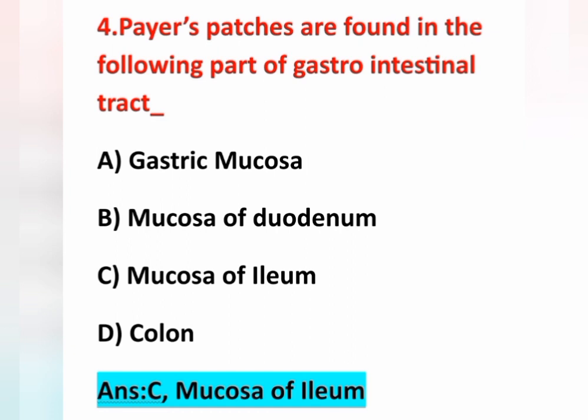So the answer is option C mucosa of ileum. This lymphatic tissue has the ability to neutralize ingested toxins. Option C is the correct answer.